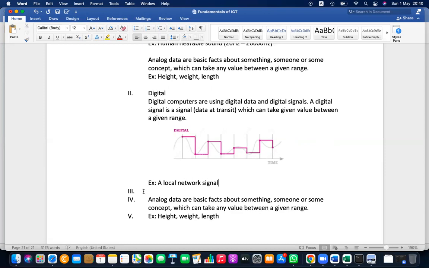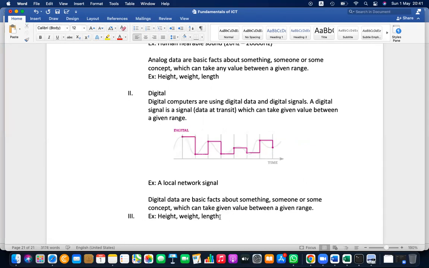It's a digital signal, right? Digital data are again basic facts about something, some concept, which can take given values, not any value, given values between a given range.